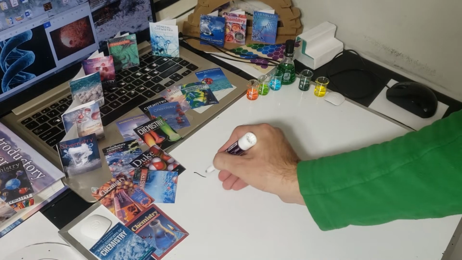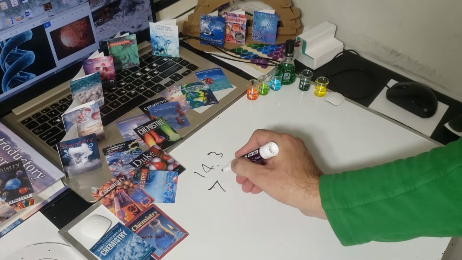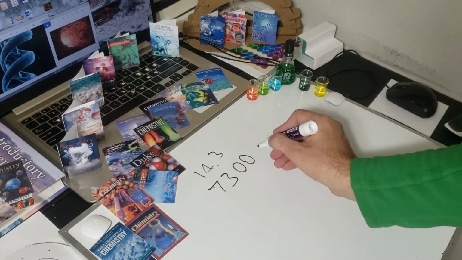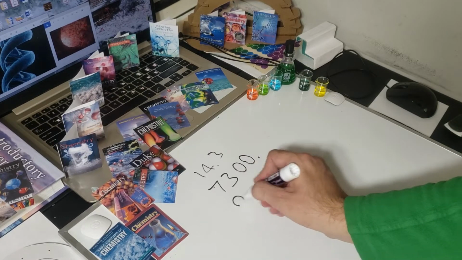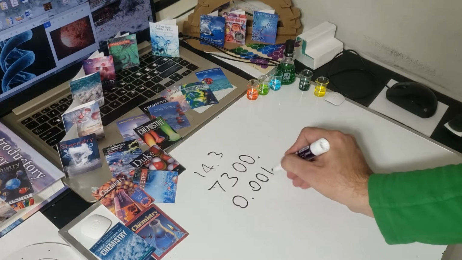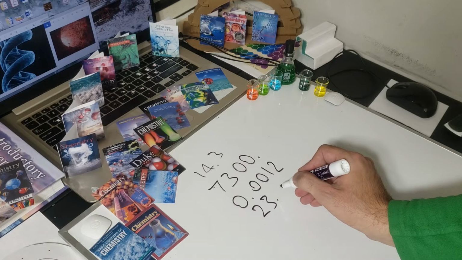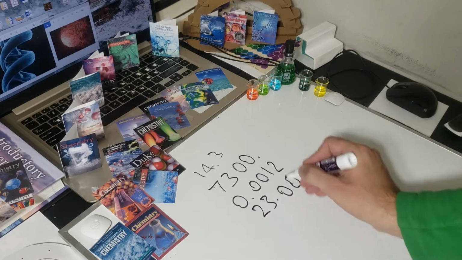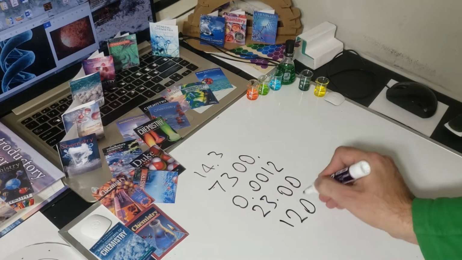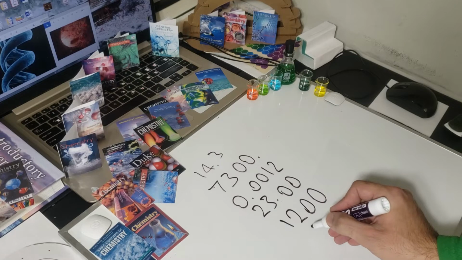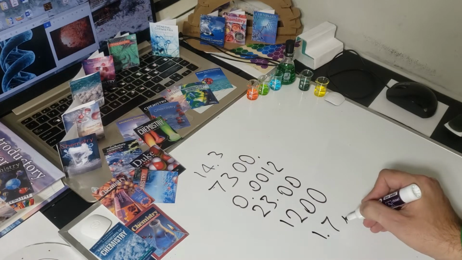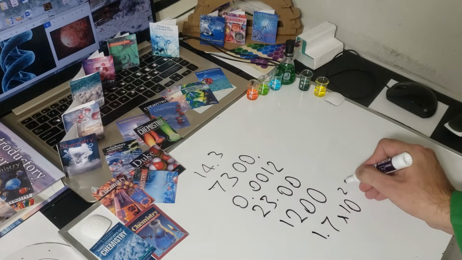Okay, so 14.3, 7300 with the dot at the very end, 0.0012, 23.00, 1200, and 1.7 times 10 to the 23.